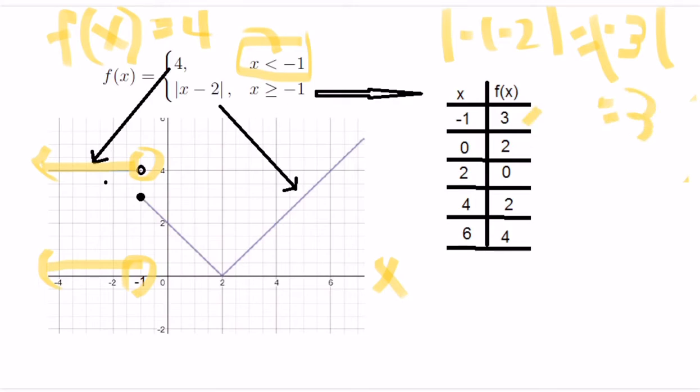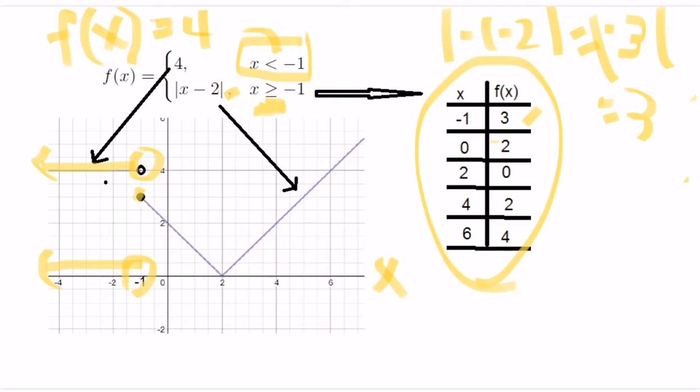You substitute that to your x in the second subfunction, so we have this table of values. Then plot this subgraph on the xy plane, so we have -1 and 3, and it is shaded because it is greater than or equal, meaning -1 is included.